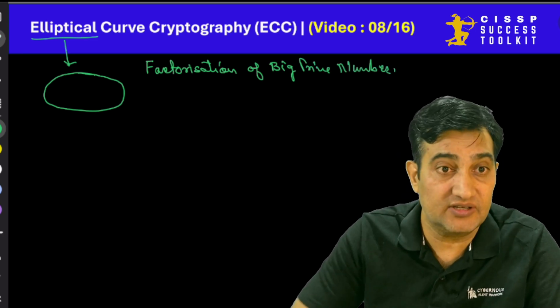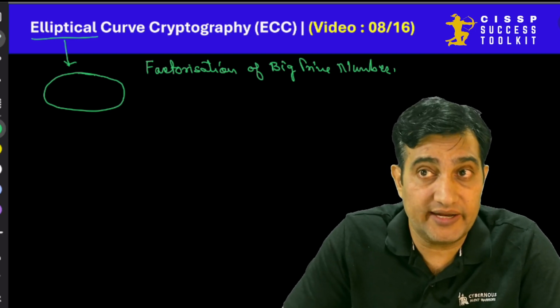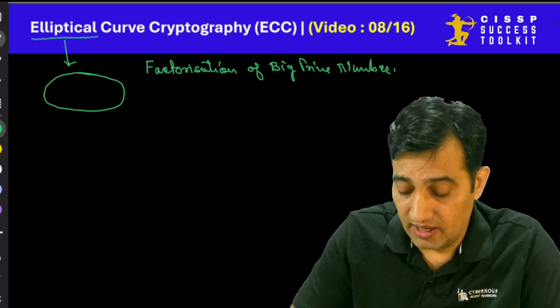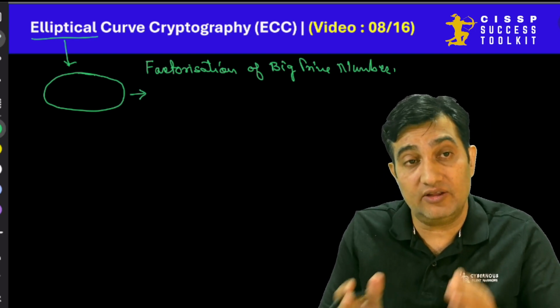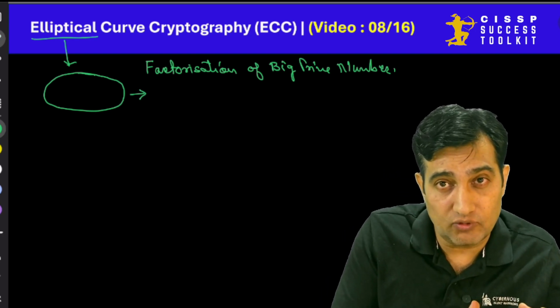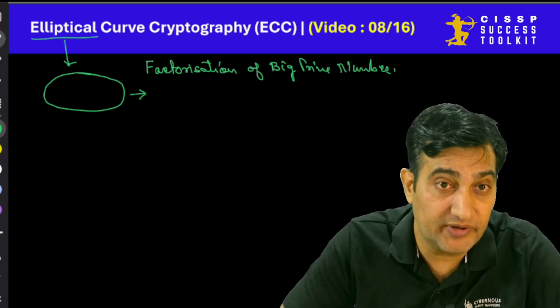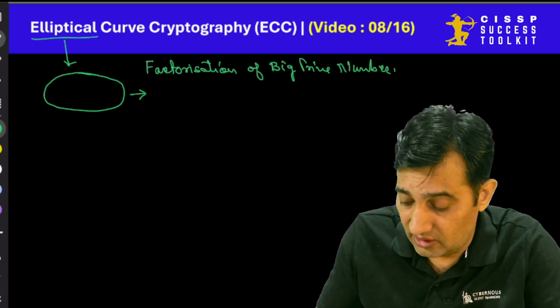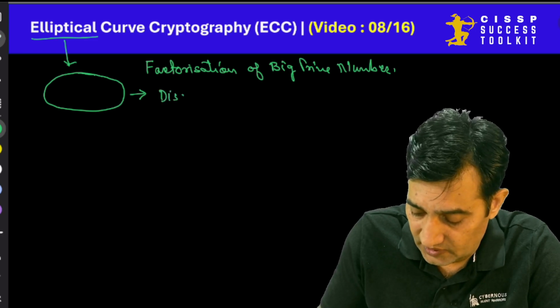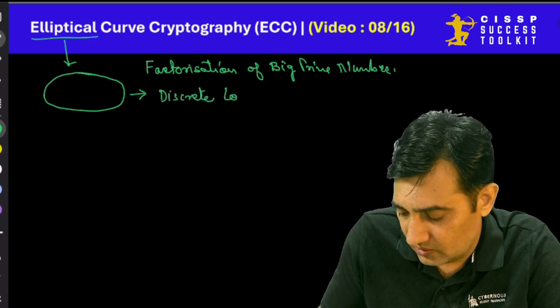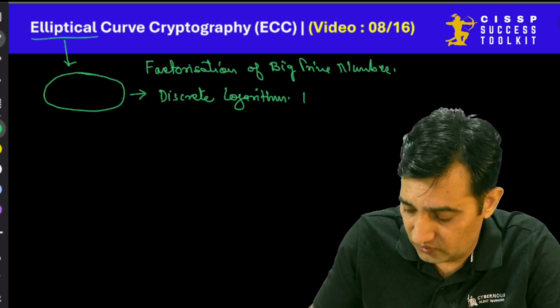That is what we have discussed until today. Even RSA is based on the same. This elliptical curve cryptography is another form of asymmetric cryptography only, but this is based on the principle of elliptical curve, or you can say the discrete logarithm problem.